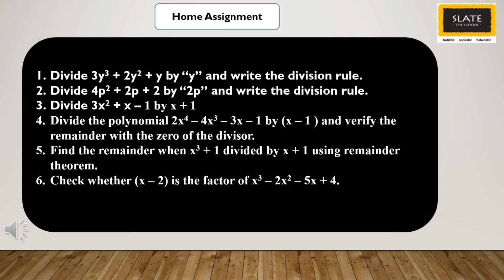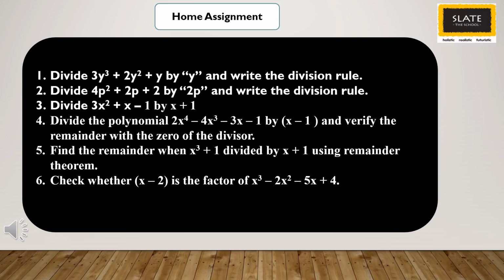Third one, divide 3x square plus x minus 1 by x plus 1. Fourth one, divide the polynomial 2x power 4 minus 4x cube minus 3x minus 1 by x minus 1 and verify the remainder with the zero of the divisor.